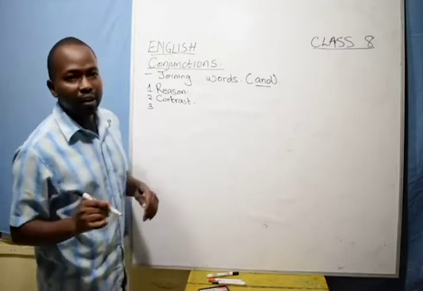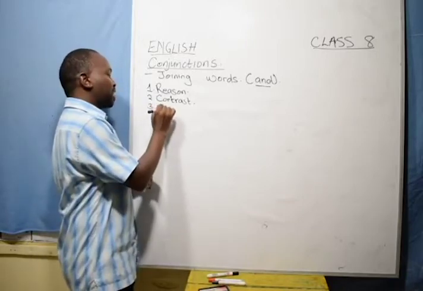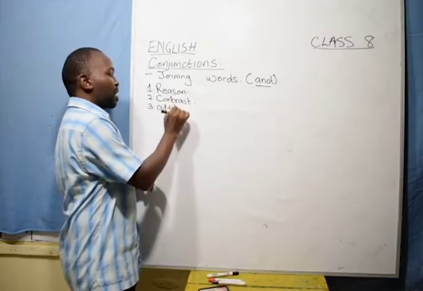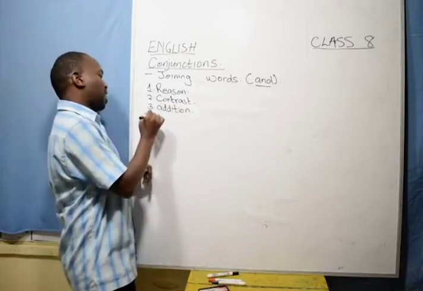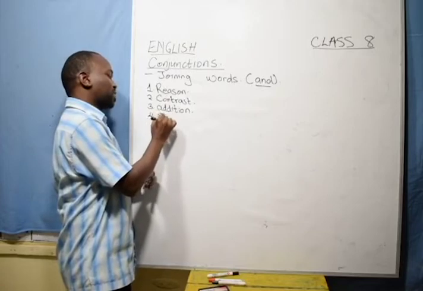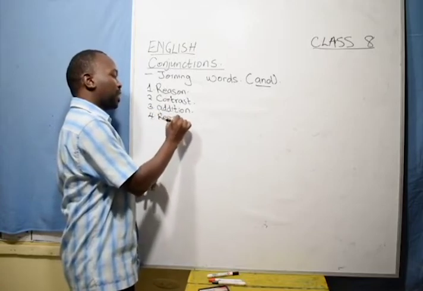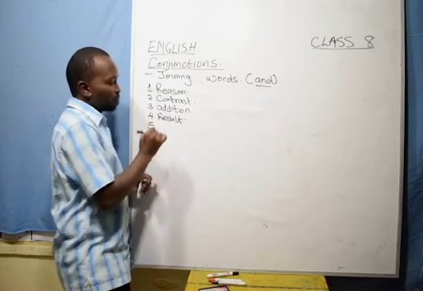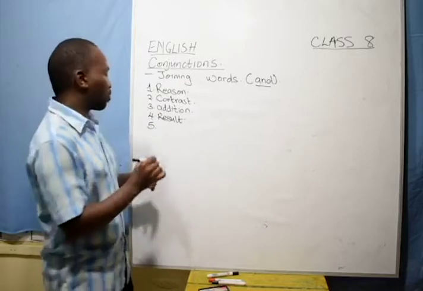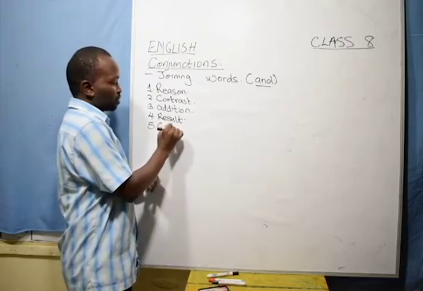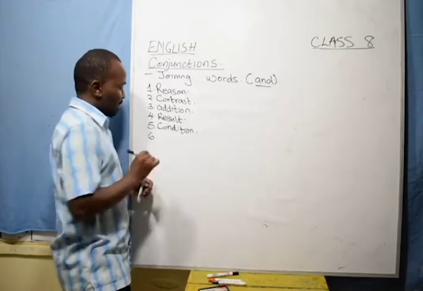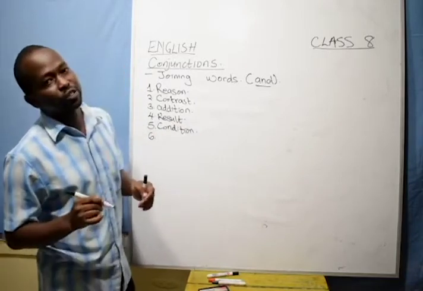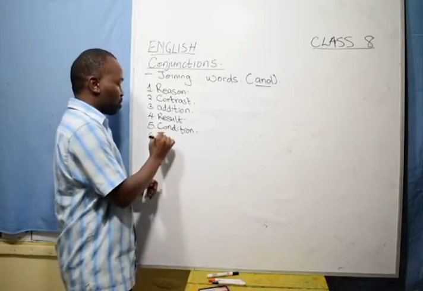Number 3, we have conjunctions of addition. Number 4, we have conjunctions of results. Number 5, we have conjunctions of condition. And the last category, conjunctions of type.